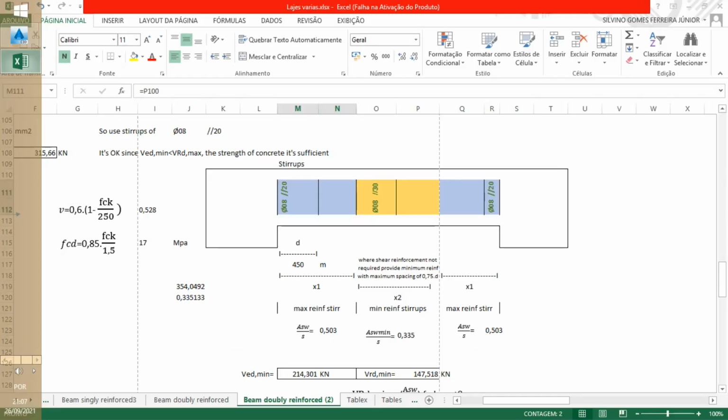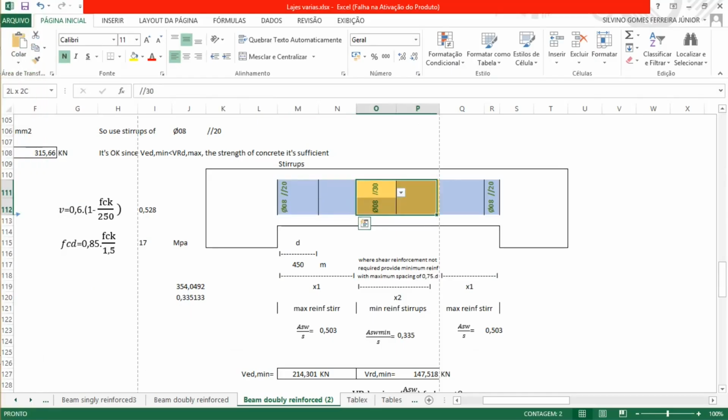Here, diameter of 8 spaced by 300 millimeters on x2.